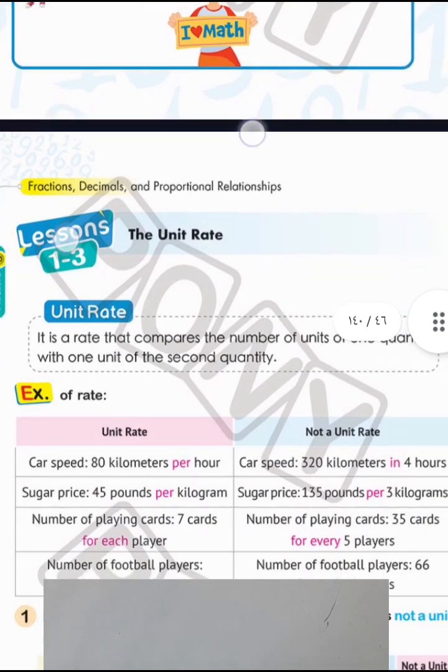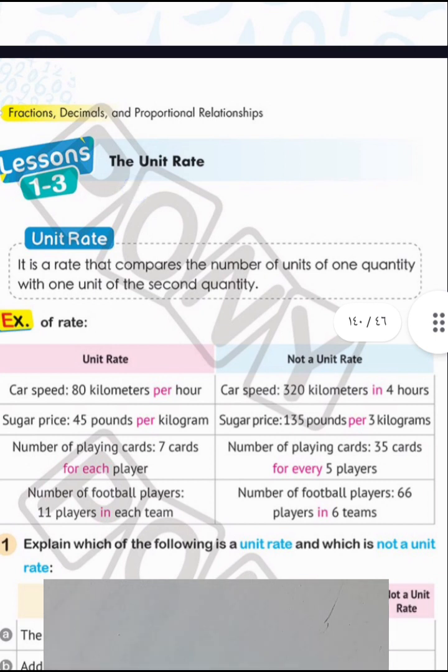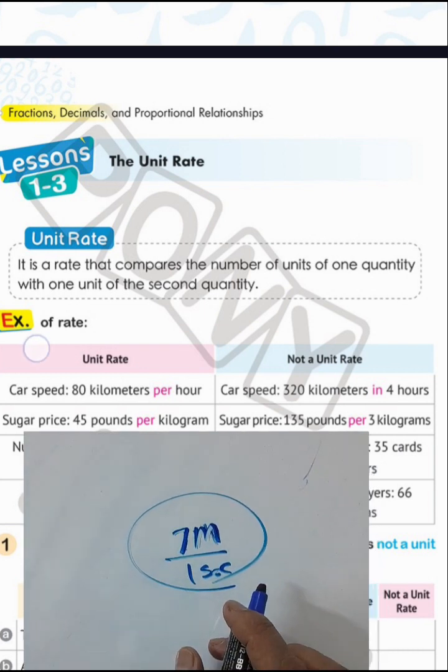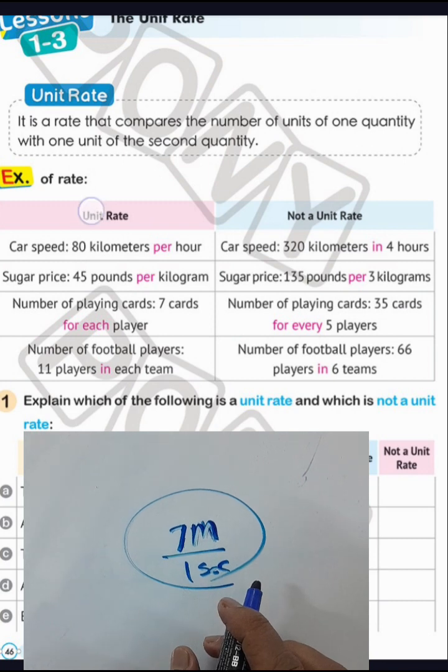It's a rate that compares the number of units of one quantity with one unit of the second quantity, such that we can write 1 meter per 1 second or 7 meters per 1 second. Unit rate means the denominator equals 1 unit, 1 of any unit, okay? Such that if we put 80 kilometers per 1 hour, we call it a unit rate.